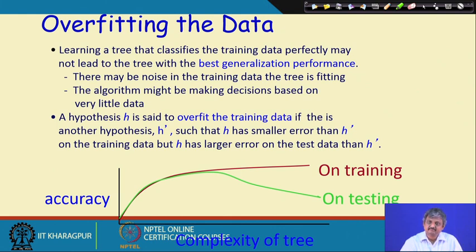Now, one problem that happens in this kind of classification algorithm is overfitting. So, if you make the training set quite small, and if there is some noise in the training set, if you get a deeper and deeper tree, your training set accuracy will keep on increasing, but test set accuracy may decrease after some time. So, x axis is height of the tree.